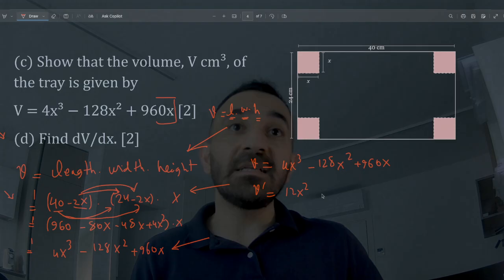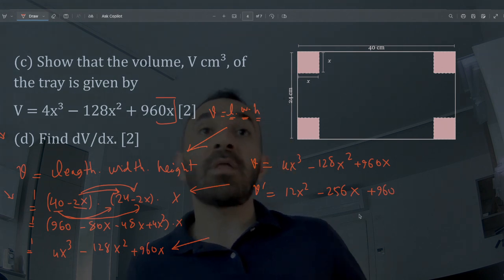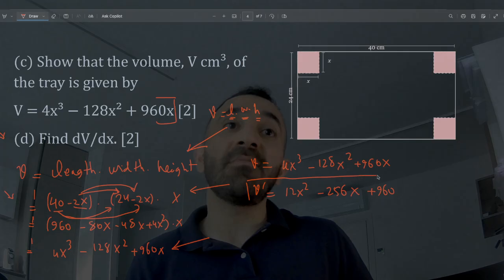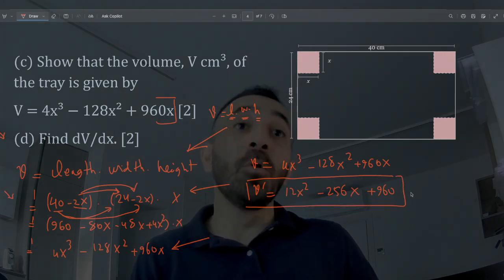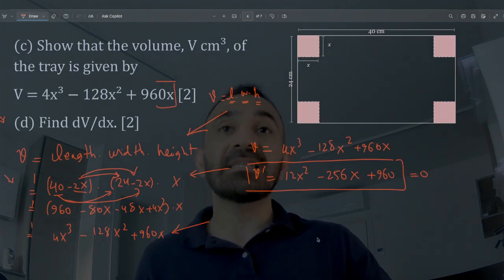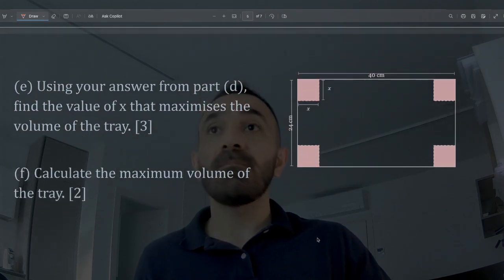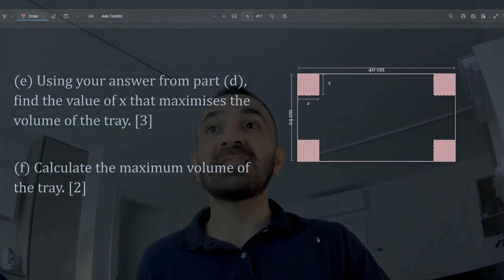I'm skipping this part because I think we need another video particularly about how to find the derivative of polynomial functions. So this is the function of the derivative. You put it equal to 0, and those x values are going to give you the possible maximum or minimum point. Using your answer from part D, find the value of x that maximizes the volume of the tray.